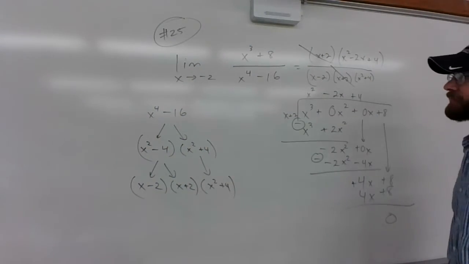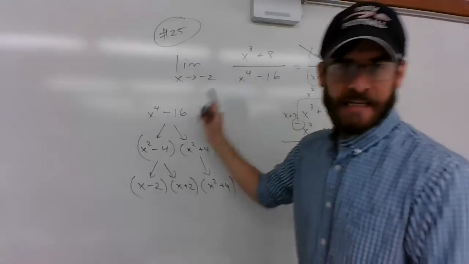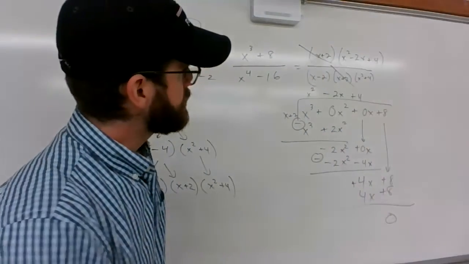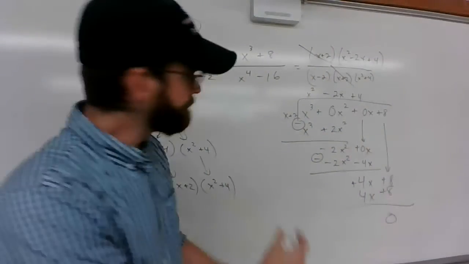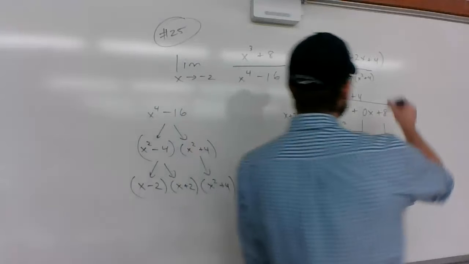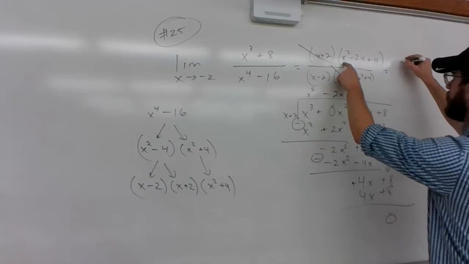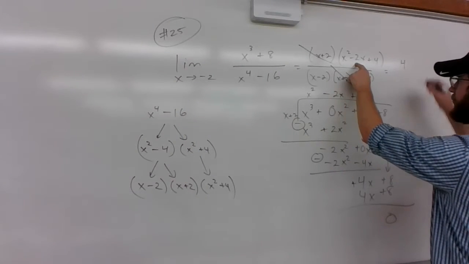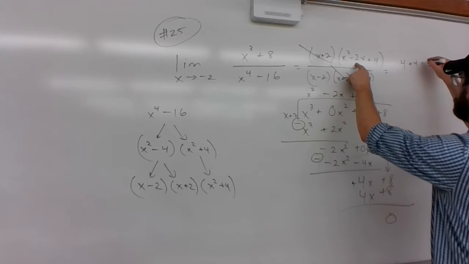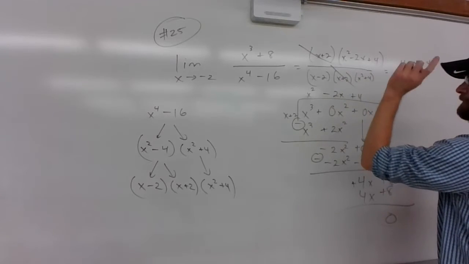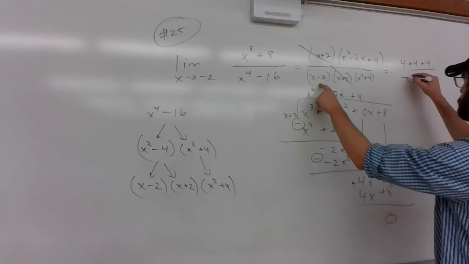Those two cancel out. And now we should be able to plug in negative 2 for our x's. So, plug it in. Negative 2 squared. Negative 2 times negative 2. Plus 4. Negative 2 minus 2.